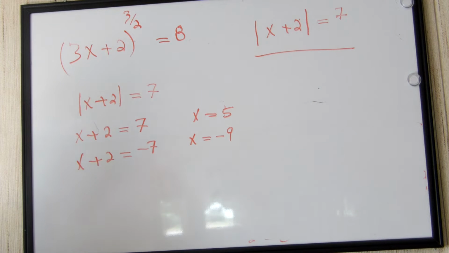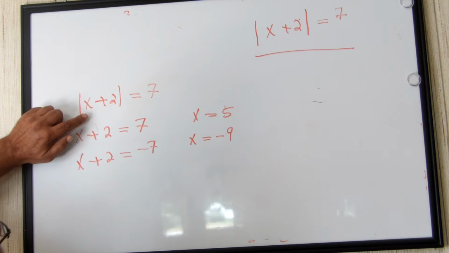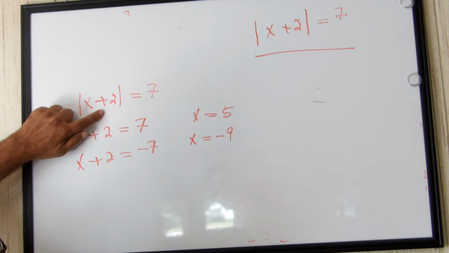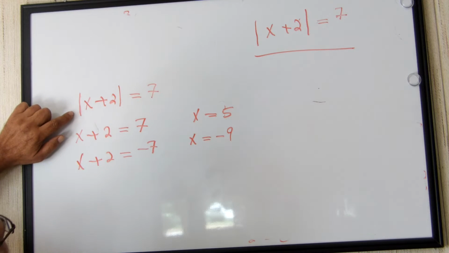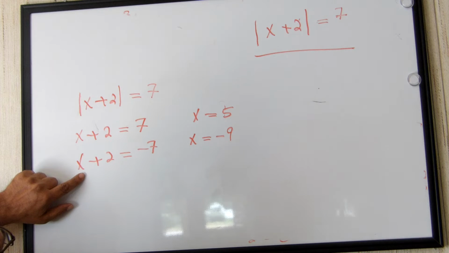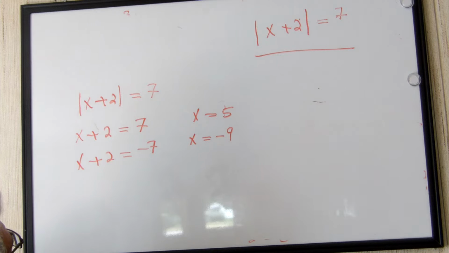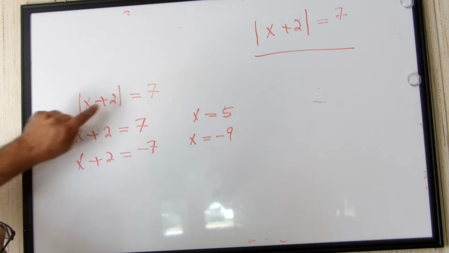So in this equation, if you put 5 here, 5 plus 2 is going to be 7.